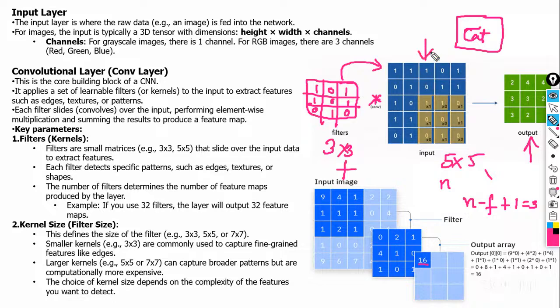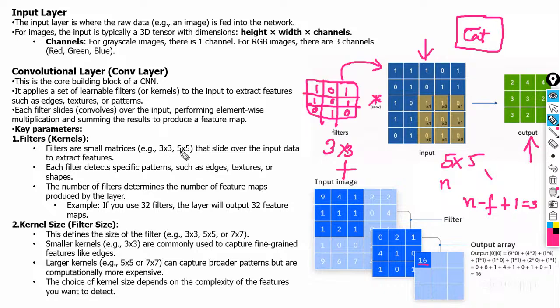So from the input image, in order to get the important features, in order to get the important edges of the image, we use filters or kernels. I hope it's making sense. But the question comes, what should be the size of a kernel? Kernels are generally small matrices.